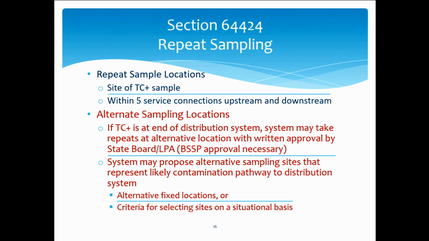So repeat sampling locations, you have the option of the same as the existing TCR, original site, 5 connections upstream, 5 connections downstream, but you also have these alternative sampling locations, and this is language out of the federal rule. Well, first off, if your positive is at the end of a system, and your routine site shouldn't be at the end of the system, but I could see maybe one of your repeat sites would be at the end of a system, you can choose other locations.